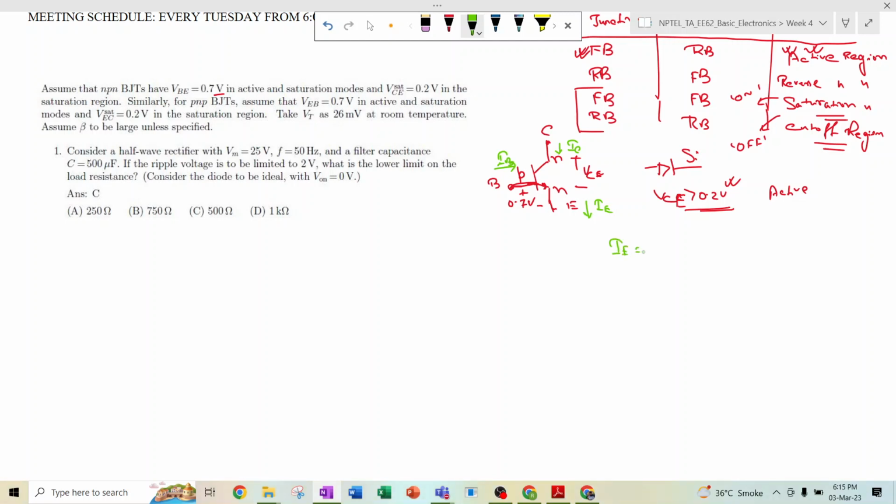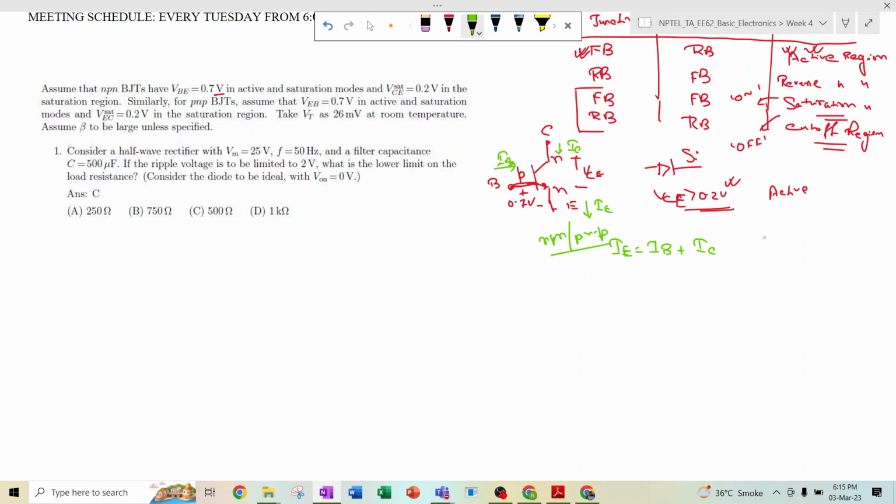For any transistor, either NPN or PNP, the current flowing through the emitter terminal is the summation of IB plus IC, that is, the current flowing through the base terminal plus the current flowing through the collector terminal.